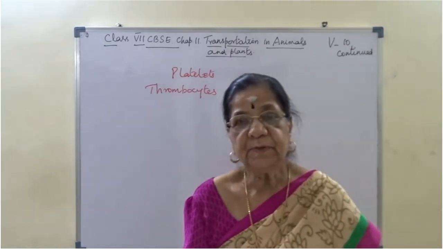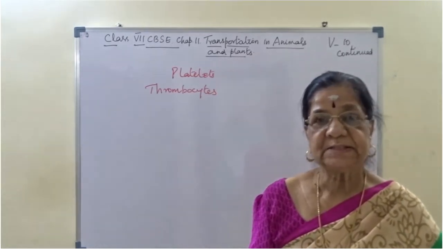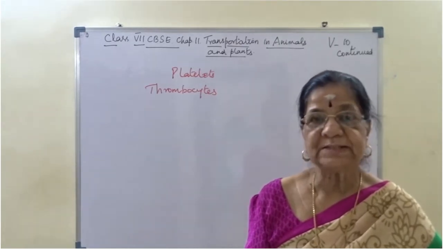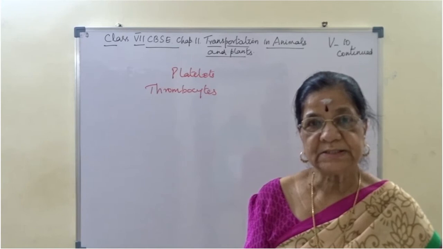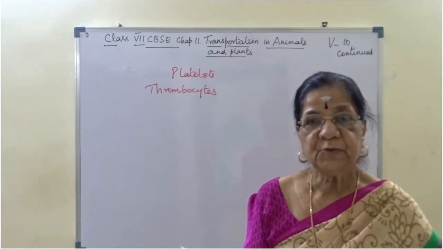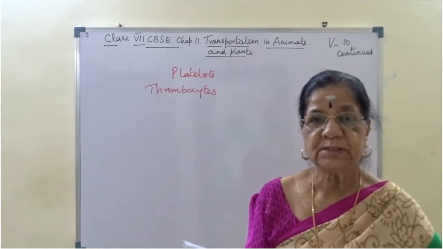Bronchitis is inflammation of the bronchi. We have studied bronchi in the respiratory system, as the trachea branching into two bronchi. I hope you understand. And then pleuritis is inflammation of the pleura.